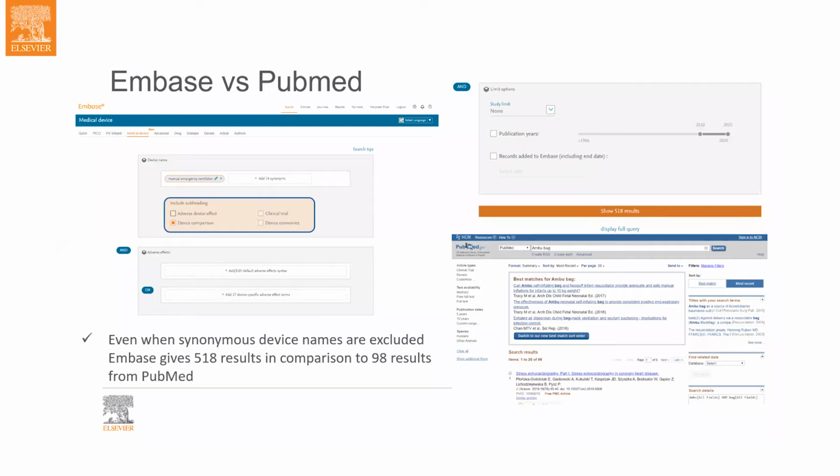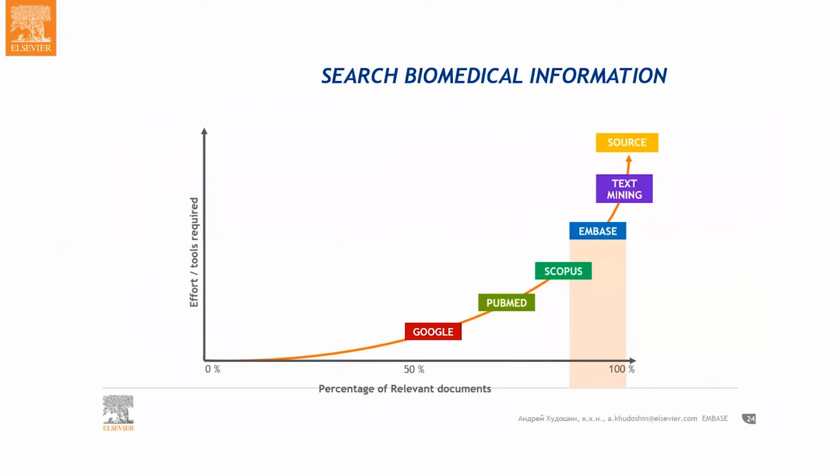And also there are a lot of different tools like PV Wizard and medical device search that I will show you a little bit later. This slide illustrates the balance of effort and percentage of relevant documents that you get from the system.